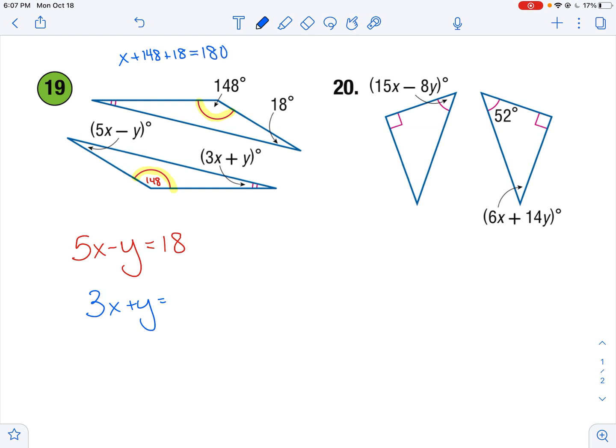So 166, 14. 148 plus 18 is 166, and 180 minus 166 is 14. Perfect.